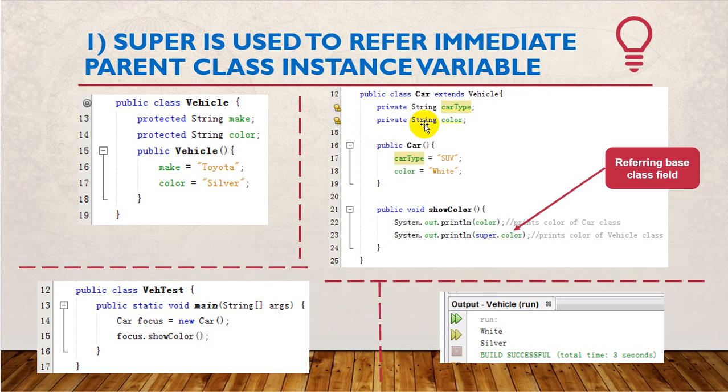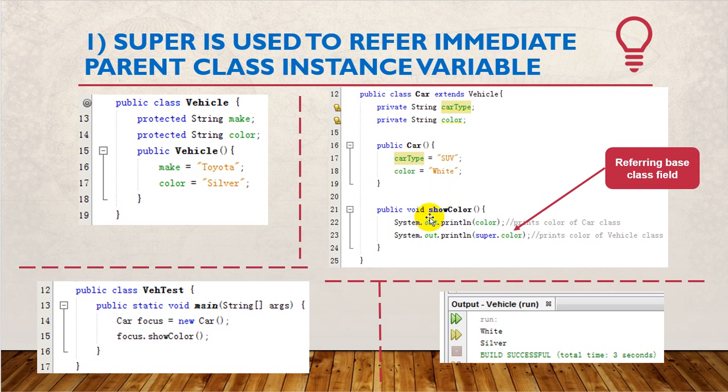Private means that it is not accessible outside of the class. Protected means it is accessible within the derived class only. The car type and the color are both being initialized, so the parent color is initialized with silver, and the color in the child class is initialized with white.